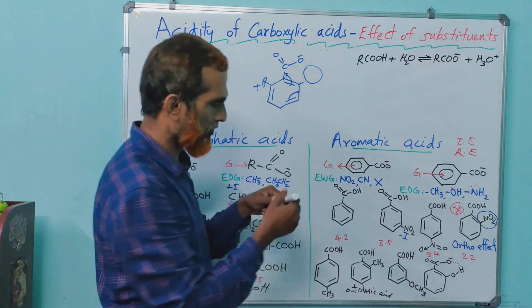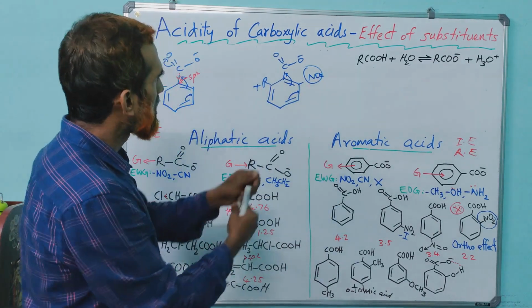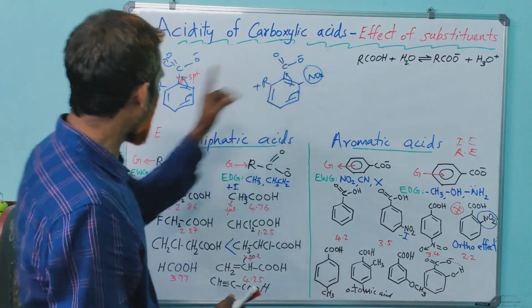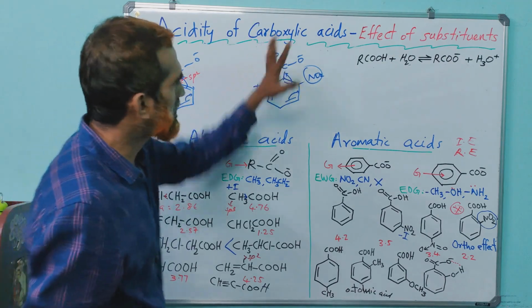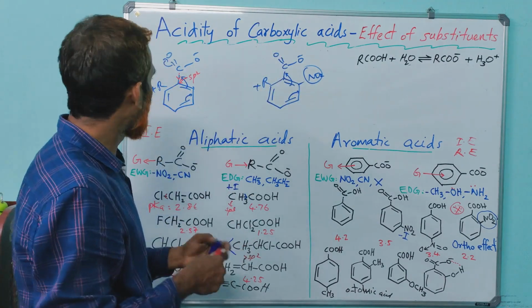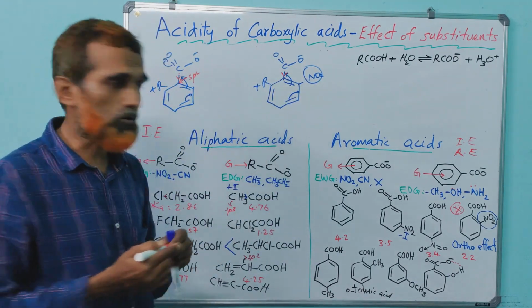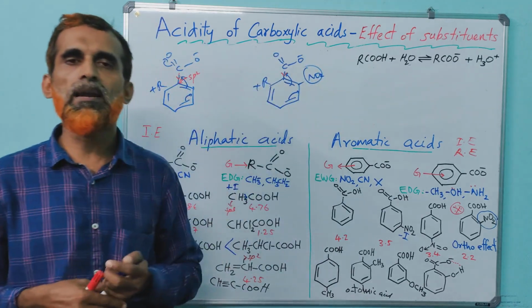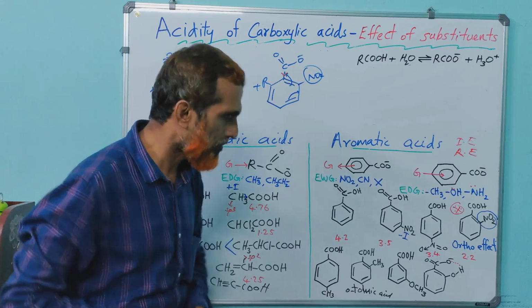But in ortho effect, when there is a group here, what happens? This carboxylate group remains out of plane, preventing this plus R movement, plus R effect. So the sp2 carbon has electronegativity, electron withdrawal, and makes it more stable, and it is more acidic. So that is called ortho effect.